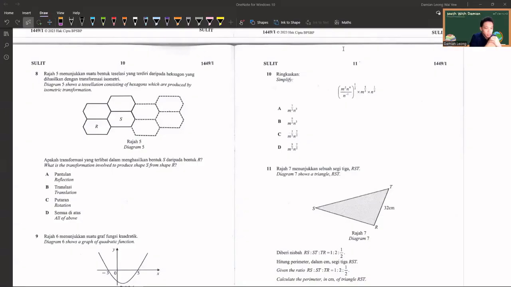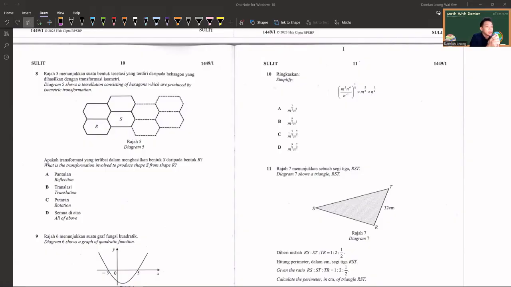Just by looking at the orientation, it can be reflection, translation, and rotation, all of it. However, from R to S, the position of it is not possible for it to be reflection.